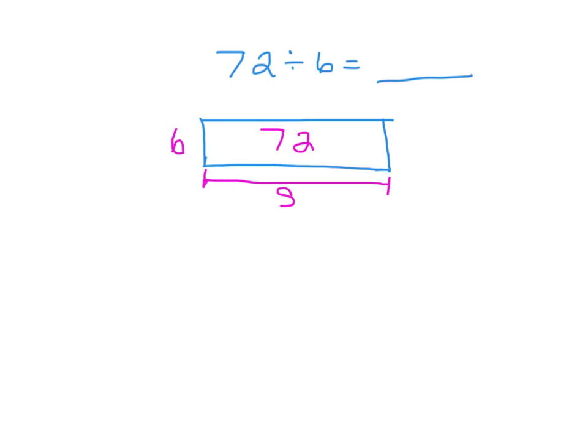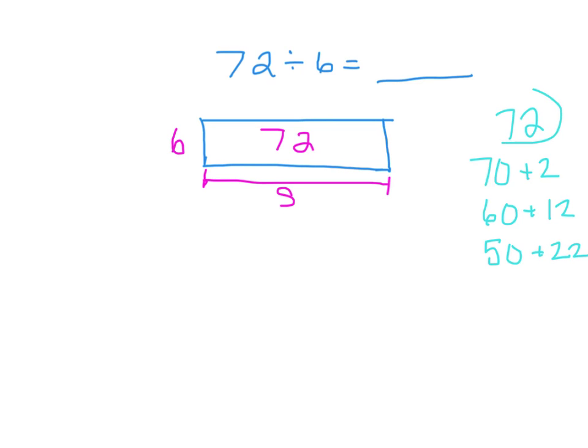Okay, the first step that I'm going to do is take this 72 and break it down into parts. I know that I have some options. 72 is equivalent to 70 plus 2. It's also equivalent to 60 plus 12, or 50 plus 22.